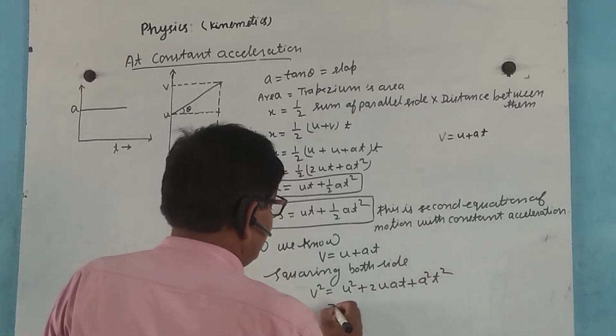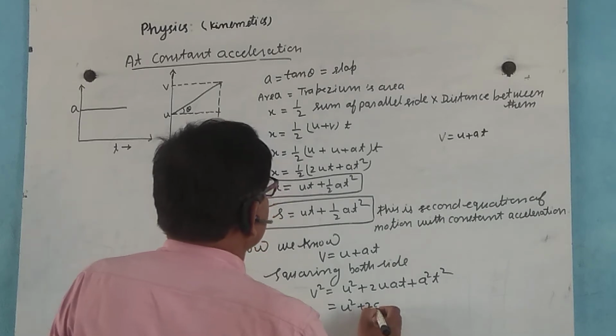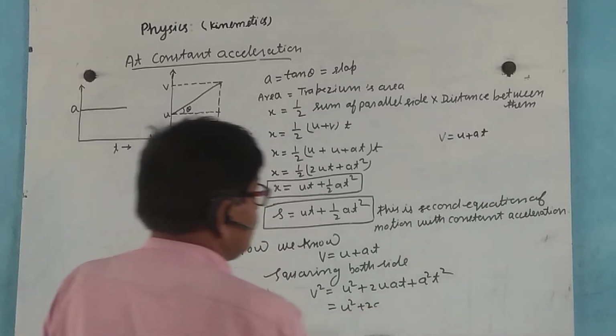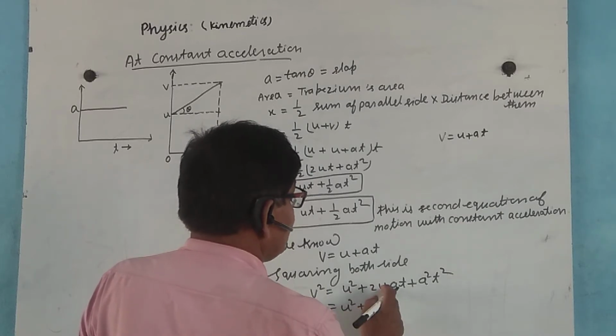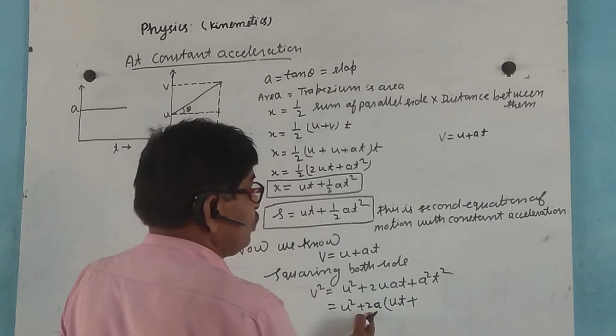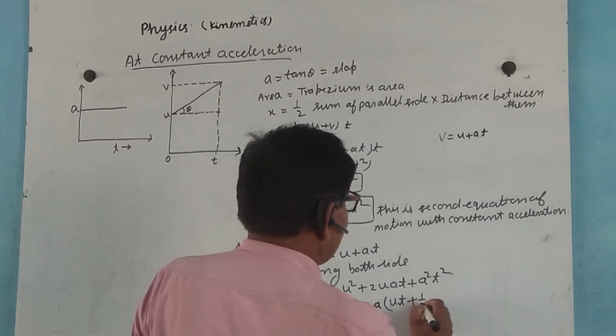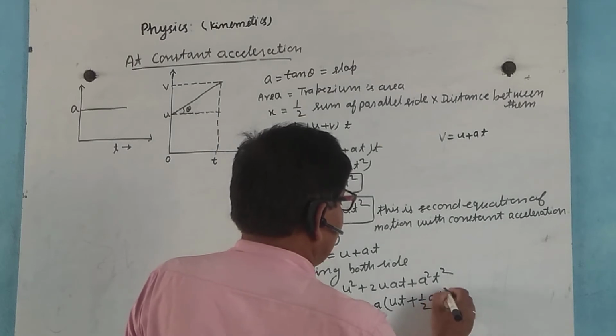Now u square plus 2a, taking the common 2a, we write ut plus half a t square.